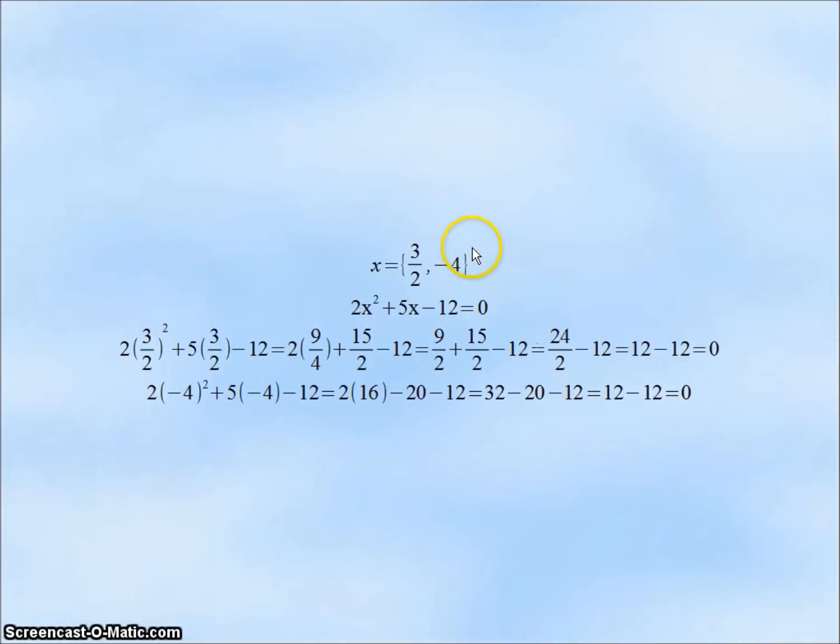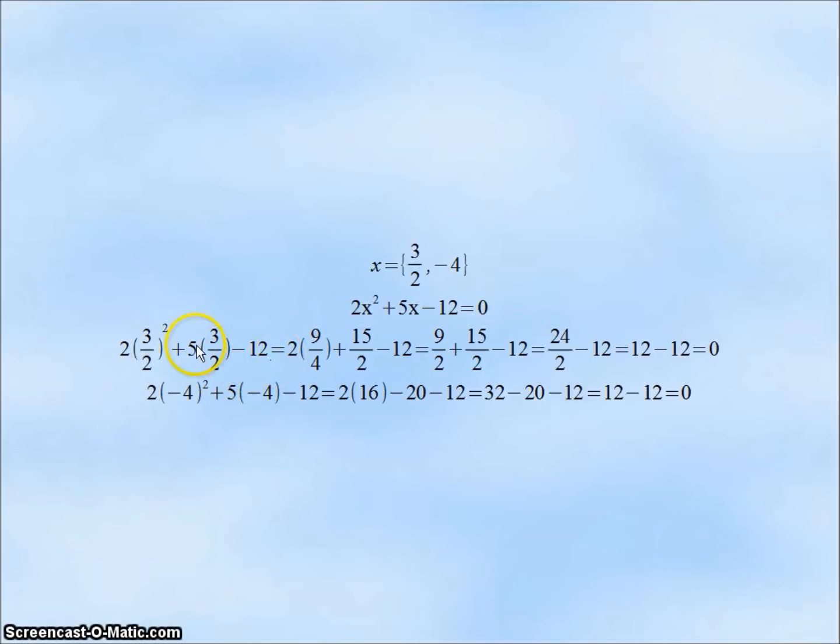So that's our solution. Again, as good math students, we want to plug in and evaluate. Taking 3 halves in for x. So 2 times x squared, putting 3 halves in, plus 5x, putting 3 halves in, minus 12.